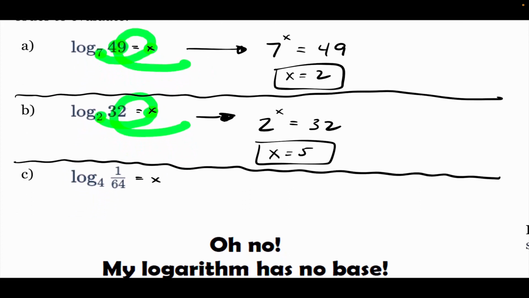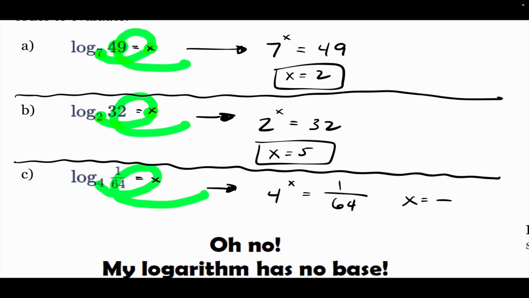Letter C. 4 to some power equals 1/64. So first of all, it went from 4 to a fraction. So that tells me that what type of number does the power have to be? Negative.